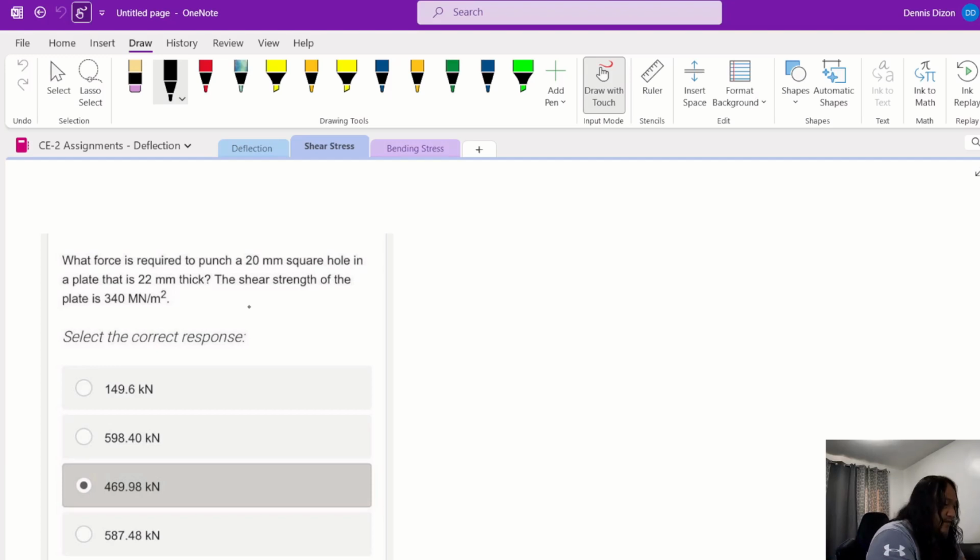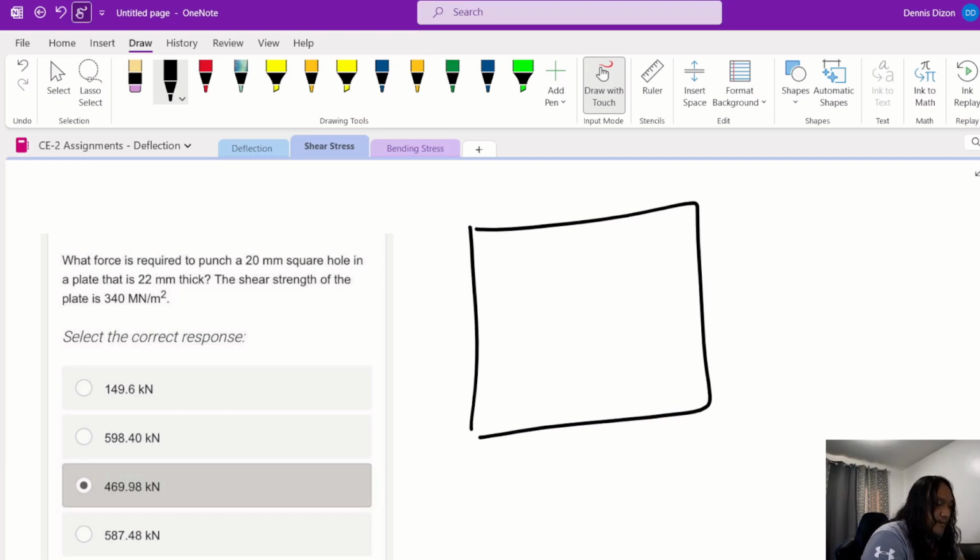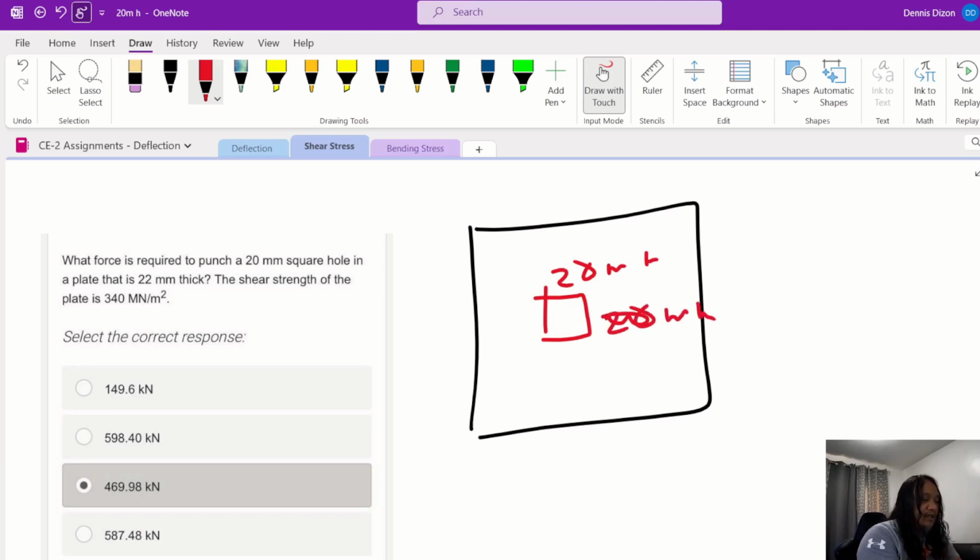So for example, if you have a steel plate and you have to punch a hole which is 20 millimeter square, so 20 width, then 20 depth, on a plate that is 20 millimeter thick, with a shear strength of 300 meganewton per millimeter or 340 megapascal.